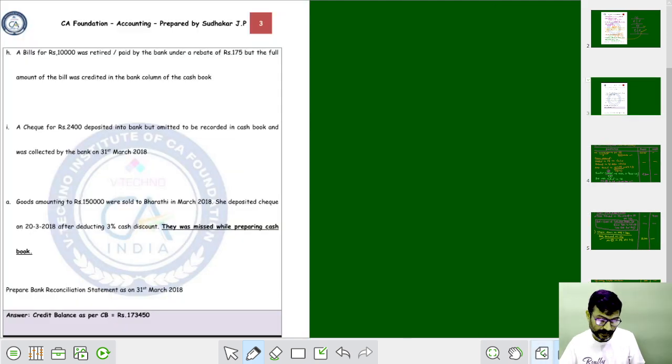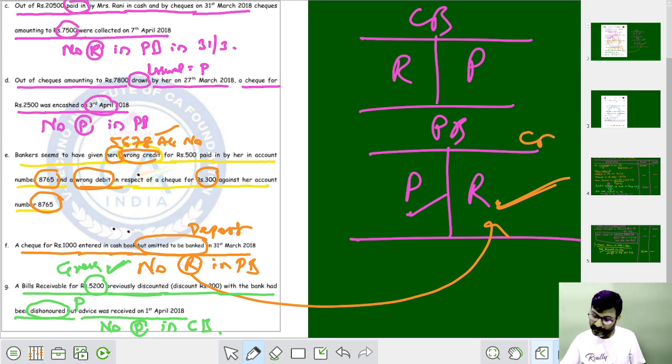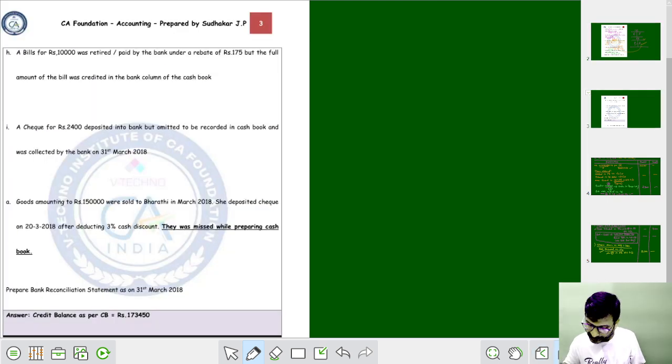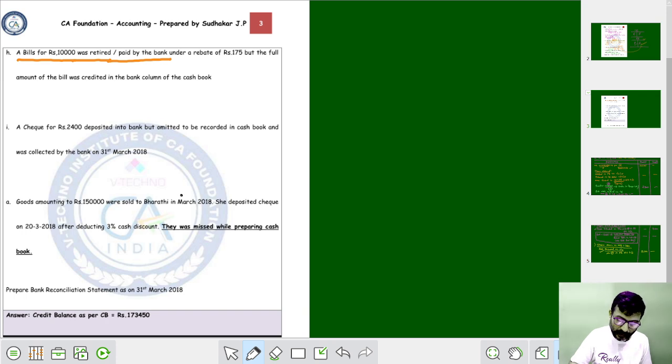See the next concept. After G, what comes? H point, right? Please see the H point of the problem. Bills of rupees 10,000 was retired, means paid by the bank. Retired, paid by the bank means payment, under a rebate of 175.